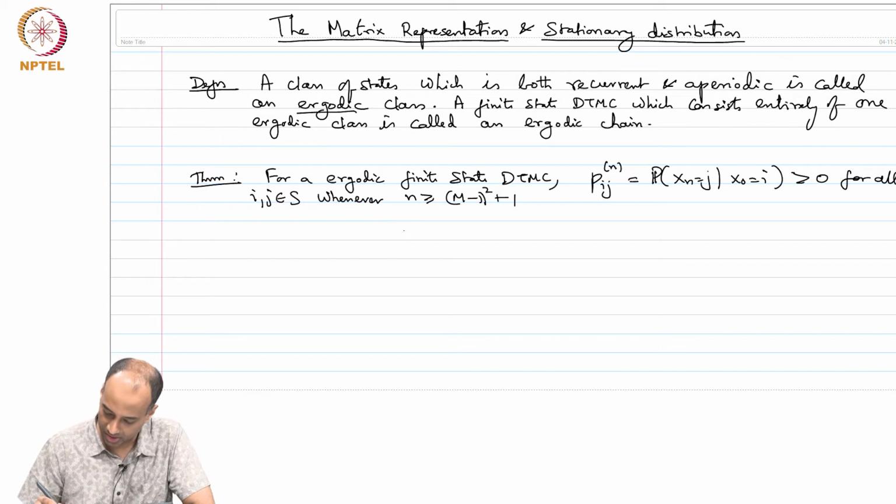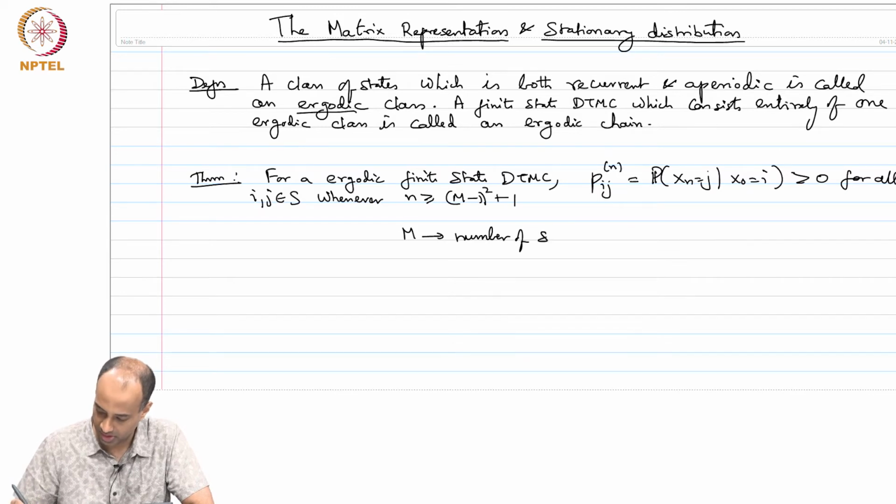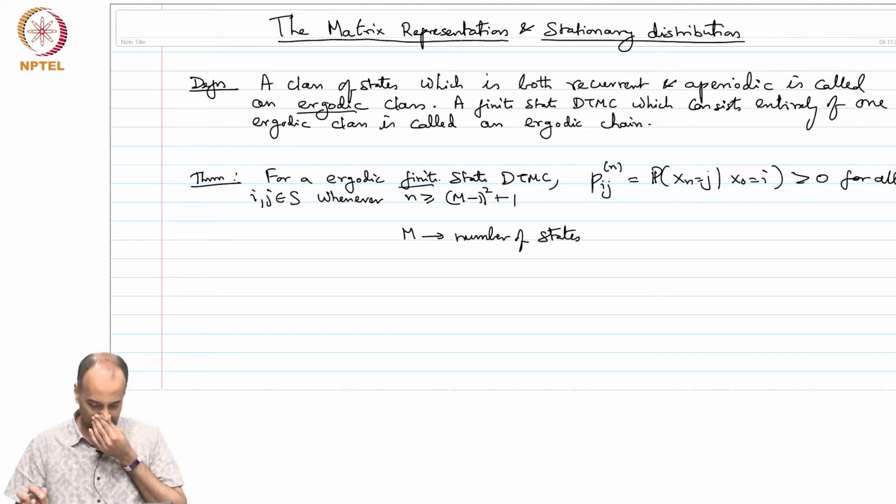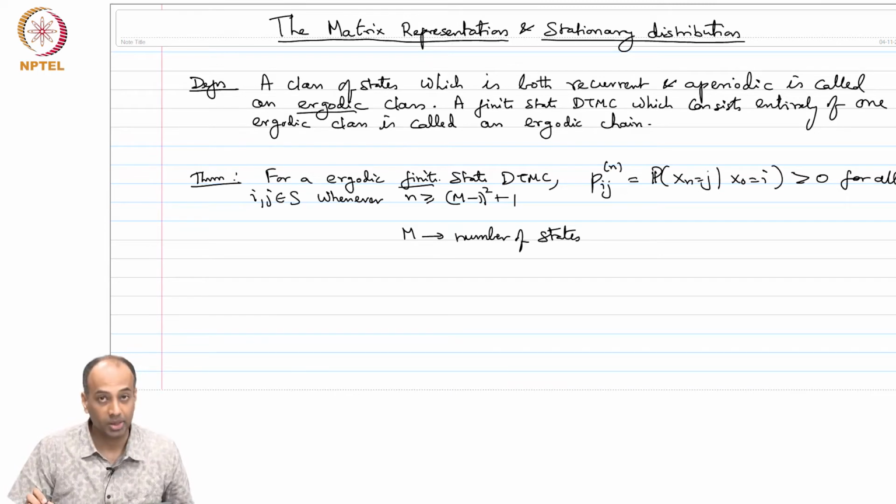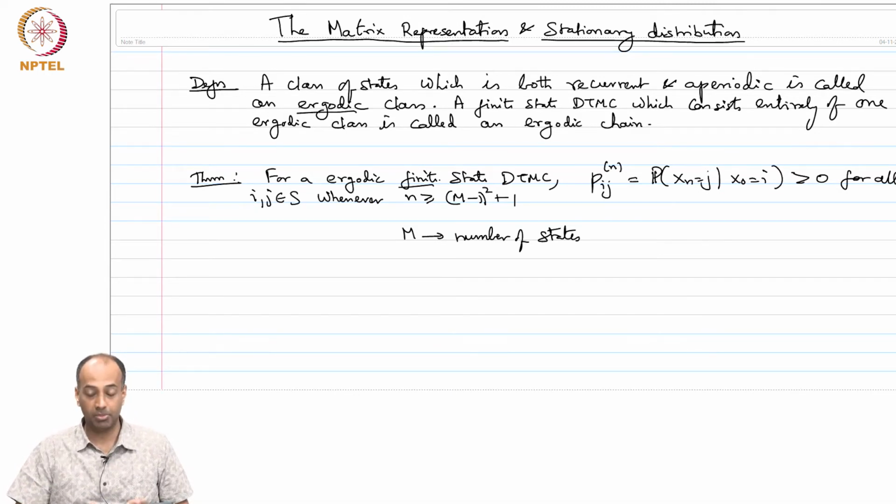Here, this big M is the number of states. So, this is a finite state ergodic DTMC, where M is the total number of states. Okay. M is some finite number.